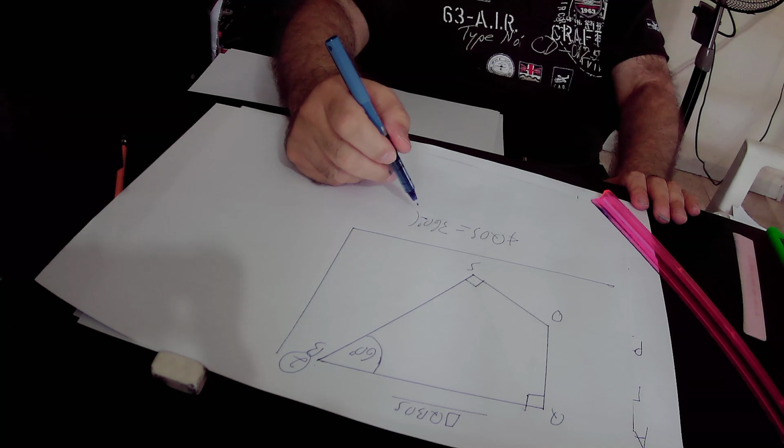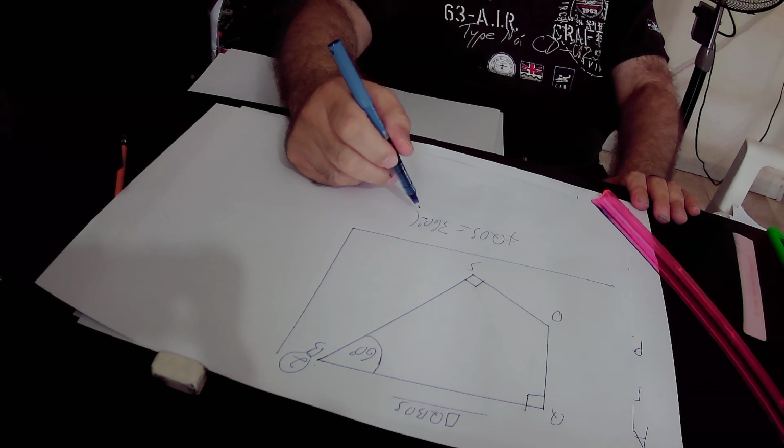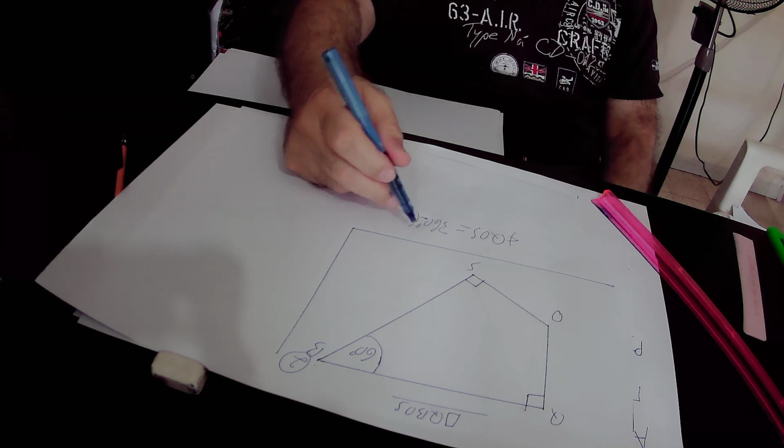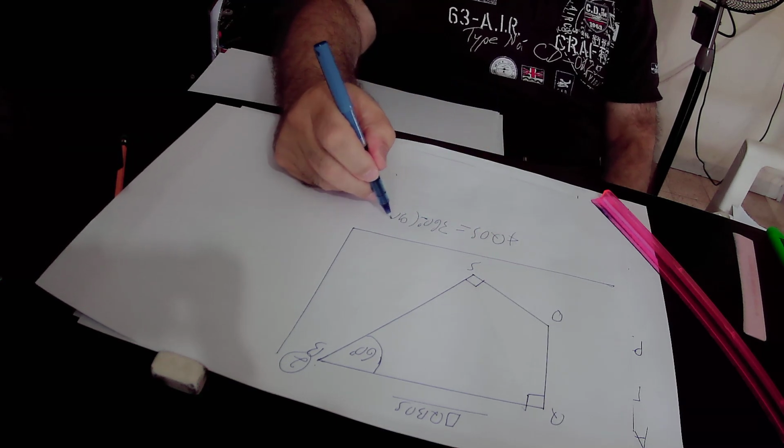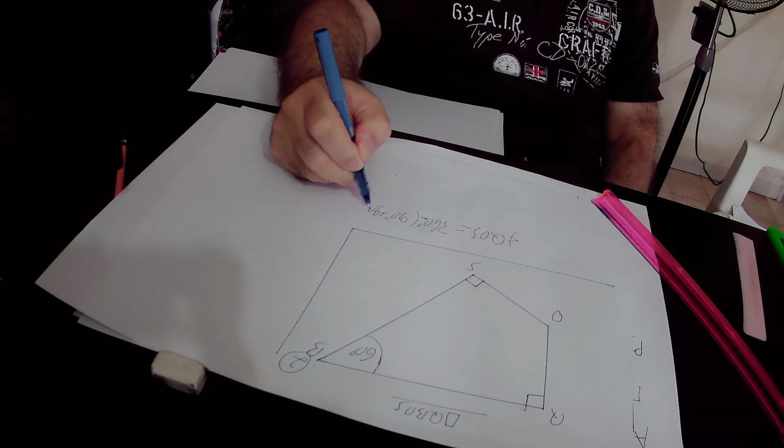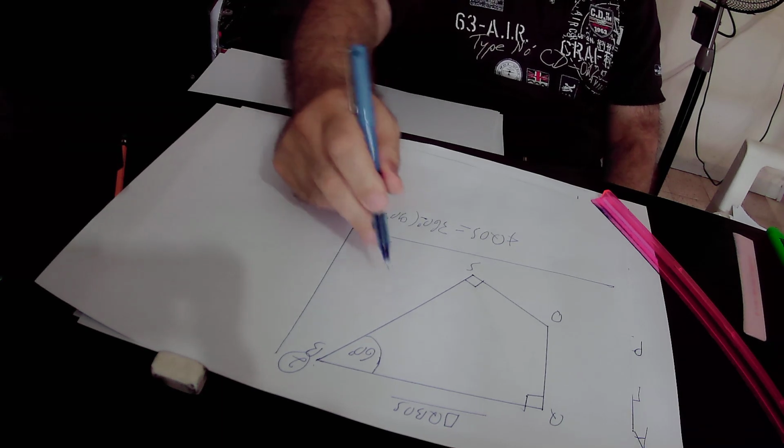That is to say, it is 360 degrees minus 90 degrees plus 90 degrees plus 60 degrees.